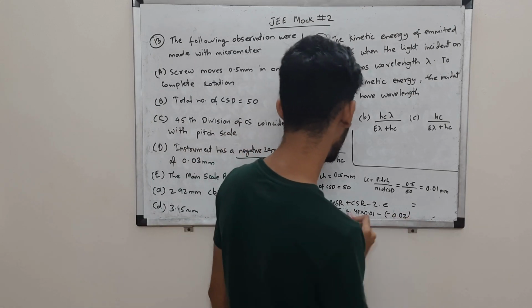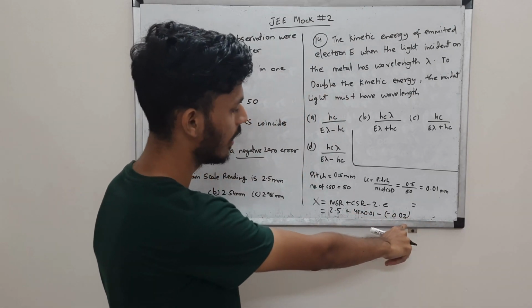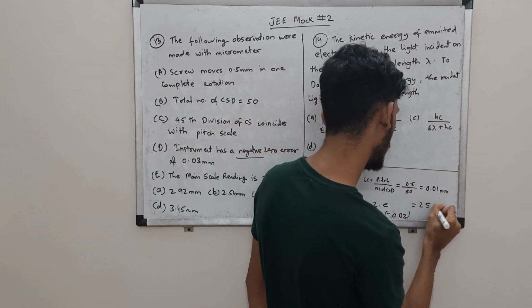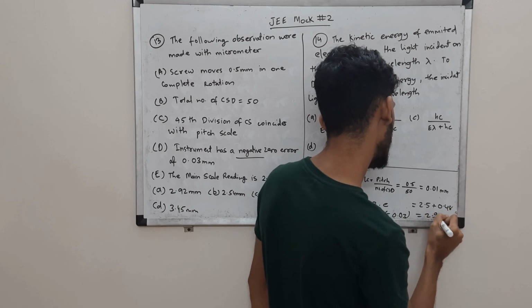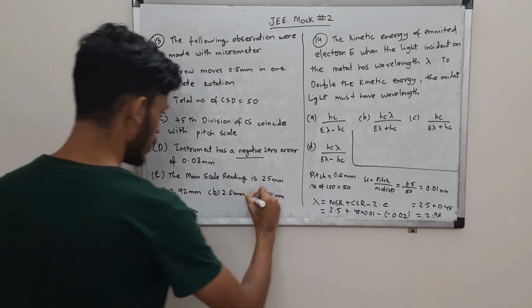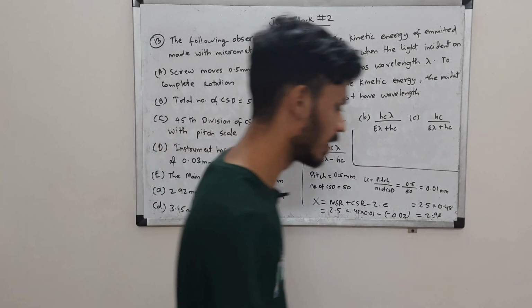This will be 2.5, this is 0.45, and this will add, so 0.48. So that is 2.5 plus 0.48, which is 2.98. So I think option C should be the correct choice over here, 2.98. So that's the correct choice.